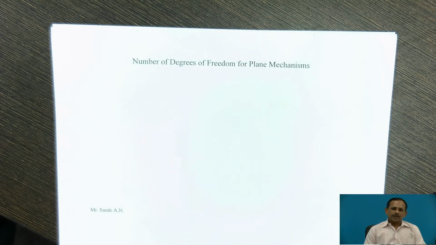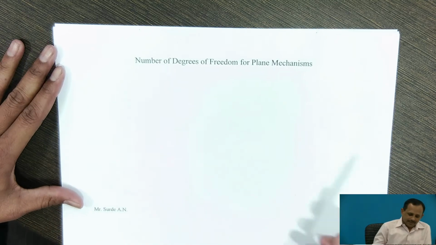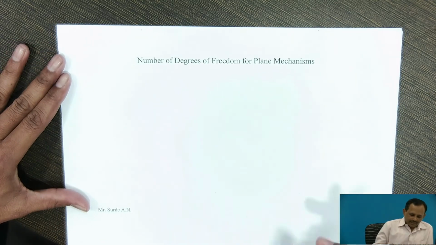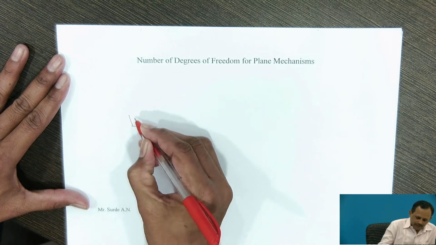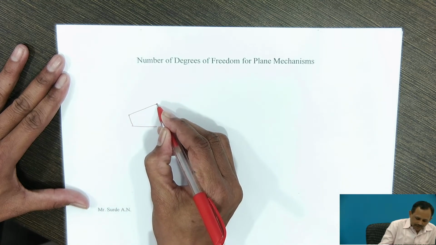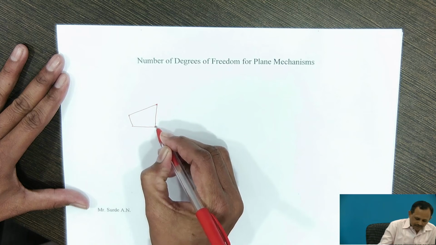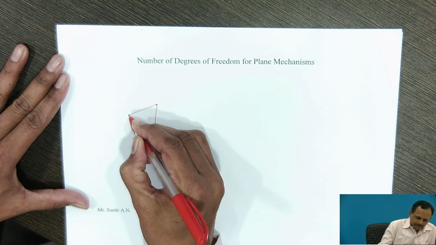Now, in some cases, the number of degrees of freedom can be determined from the number of links and the number of joints. So, we will see a kinematic chain with 4 links connected together forming a 4-bar chain.